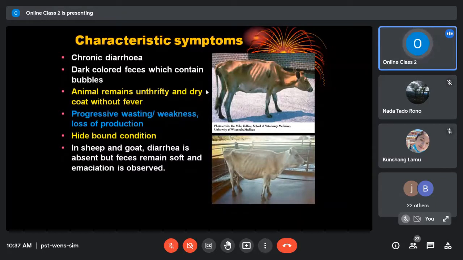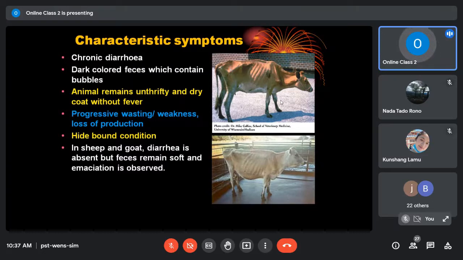Progressively they show wasting and weakness as well as loss of production, similarly as in tuberculosis. And one very particular thing, as in TB also, is the hidebound condition, because of the wasting of the muscular tissue.